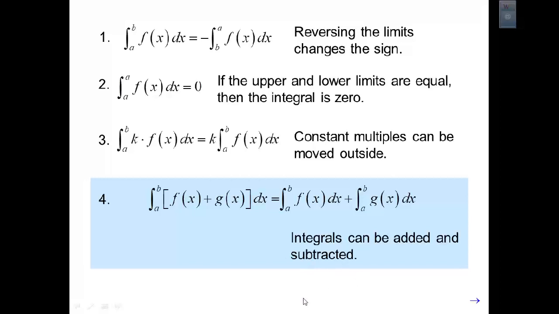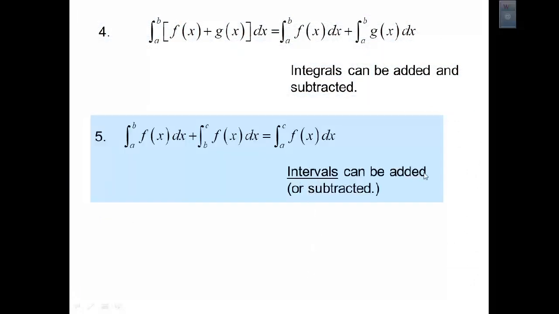Now the next one tells us that intervals can be added or subtracted. So if we are going to find the area, or going to find the integral, same thing essentially, from a to b of f of x dx, and we're going to add the integral from b to c of f of x dx, well, that's going to equal the integral from a to c of f of x dx.